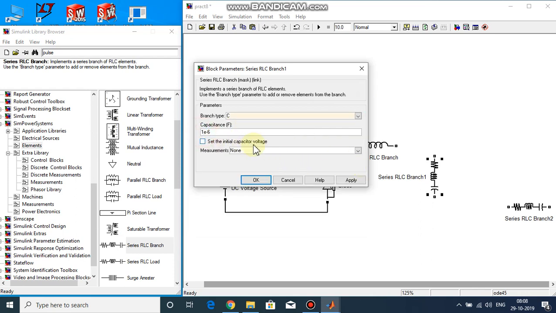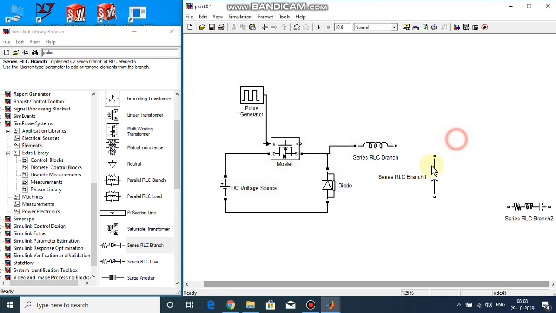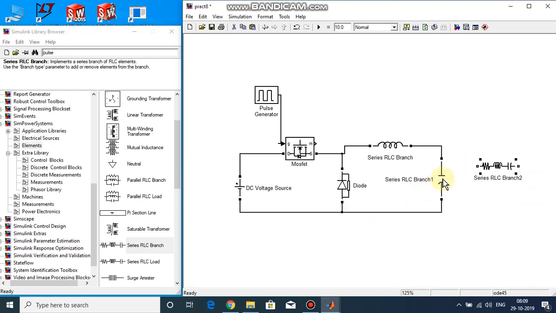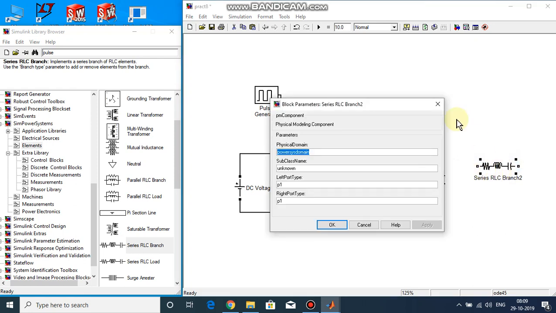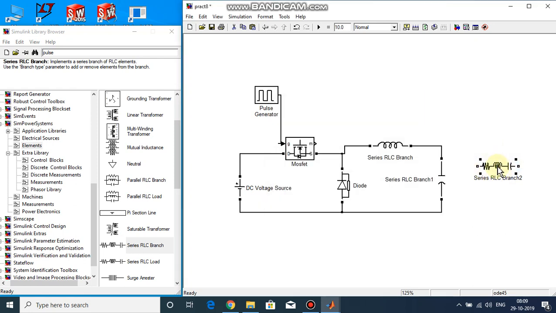For the capacitor, we keep the standard 1000 microfarad. Now that there is polarity, we'll try to maintain it according to the polarity. This is the negative polarity of the capacitor. This is an electrolytic capacitor.